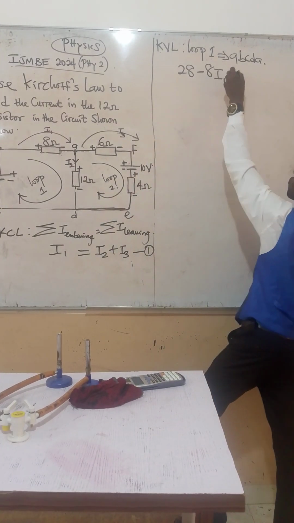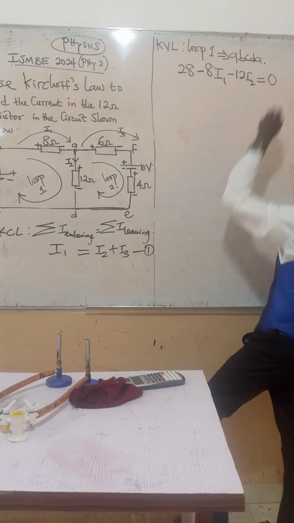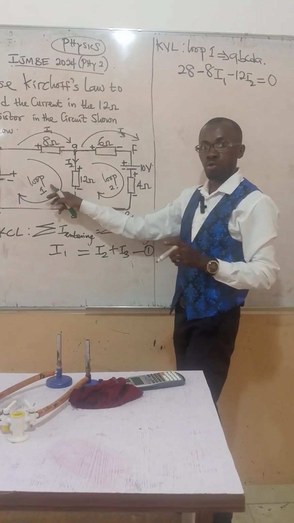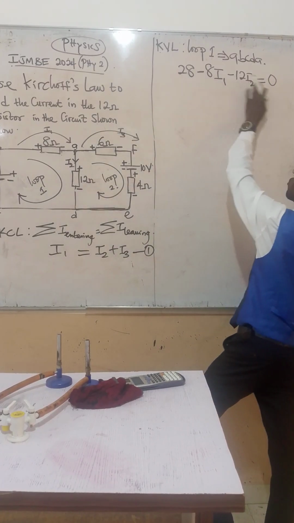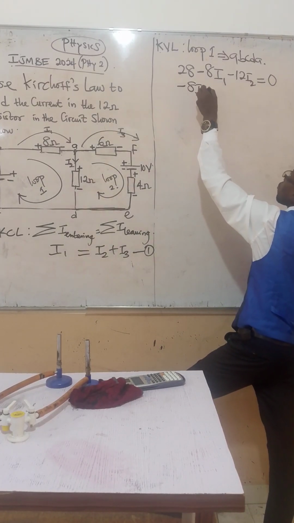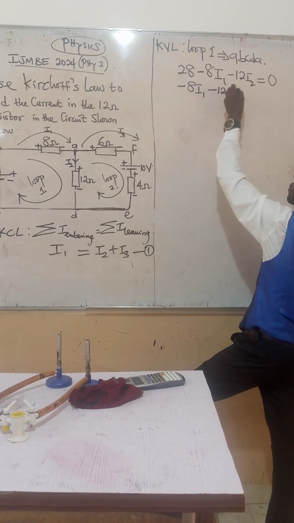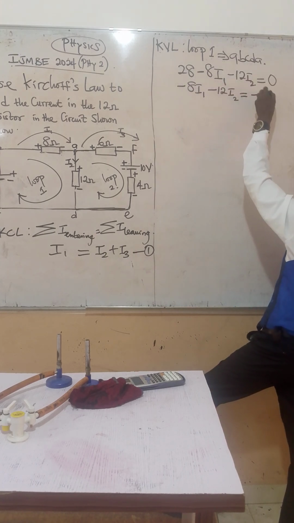So you have minus 12 I2, all equal to what? 0 for the first loop. Then we'll do that for the second loop again. But we can still reduce this. Reduce this now, you have minus 8 I1 minus 12 I2 equals, moving the positive 28 over to this side, minus 28.